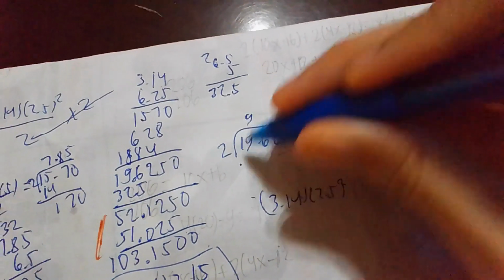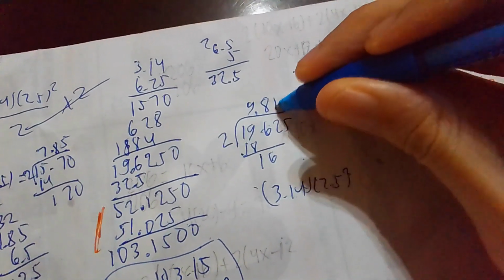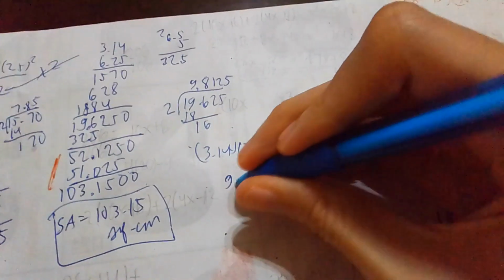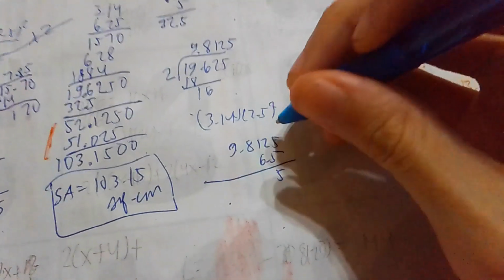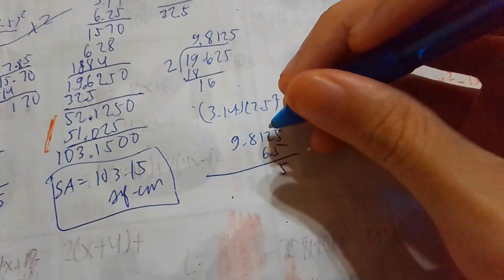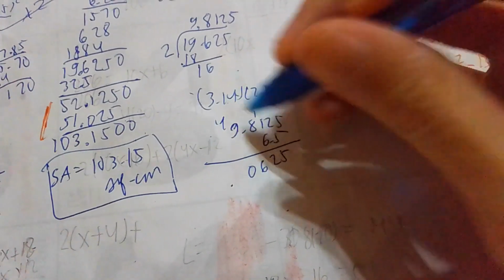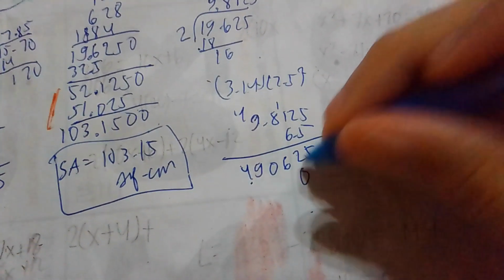So it becomes 9.8125. And then from there, we have to multiply it with the base, 6.5. Perhaps to make it easier, I'll just do it this way. 8 times 1, 6. 6 times 5, 30.